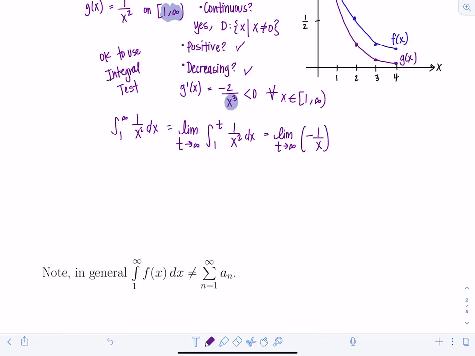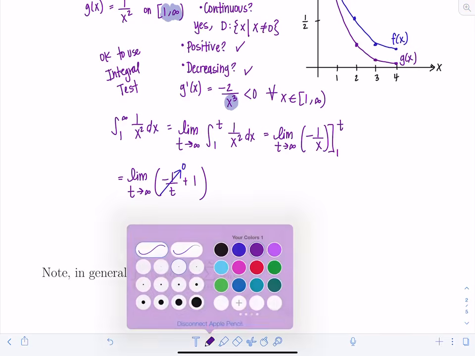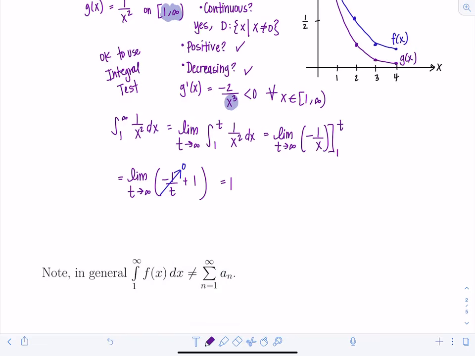X to the -2nd, the antiderivative is going to be negative x to the -1st, and then I'm going to evaluate that from 1 to t. So this is going to be the limit as t approaches infinity of -1 over t plus 1, right, minus -1. And then as t approaches infinity, well, -1 over t is going to approach 0. And so this equals 1.